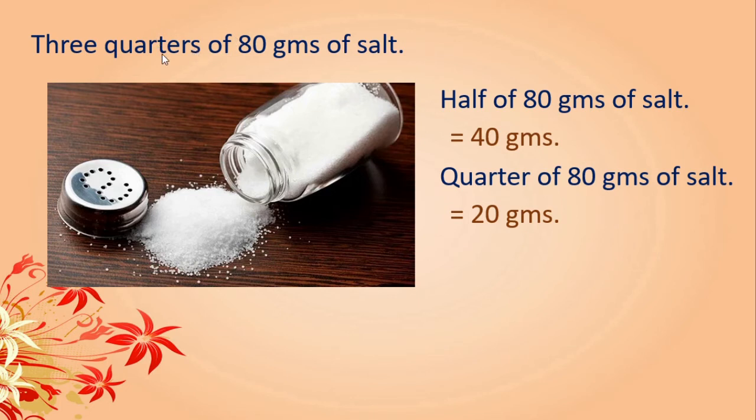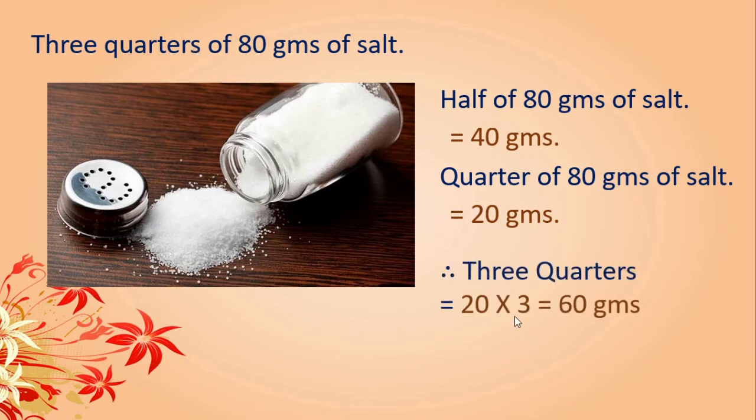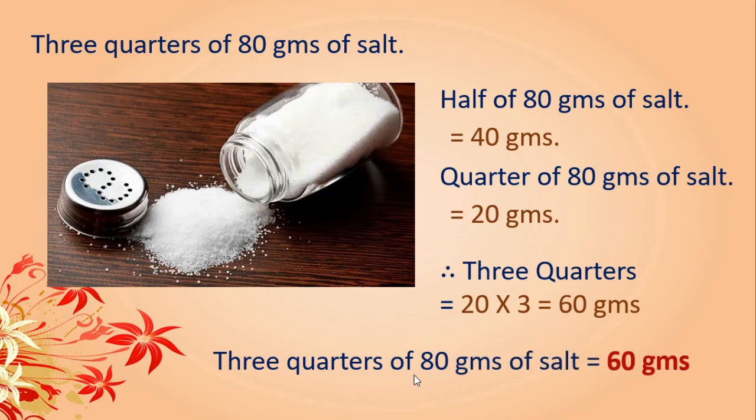Now, if you want to find out 3/4, then what we will do? 20 multiplied by 3. That is nothing but 2 threes are 6 and one more 0. 60 grams. Yes, got this children? So we can write here like this. 3/4 of 80 grams of salt is equal to 60 grams.